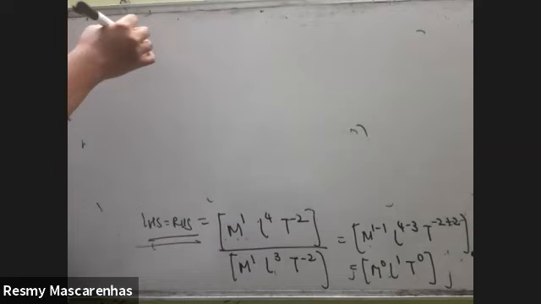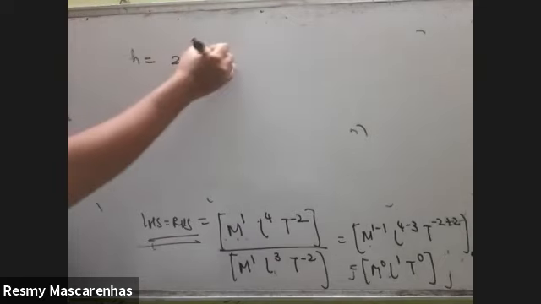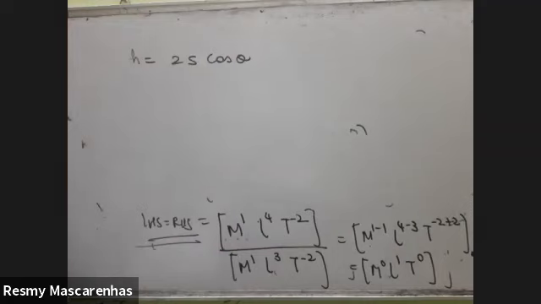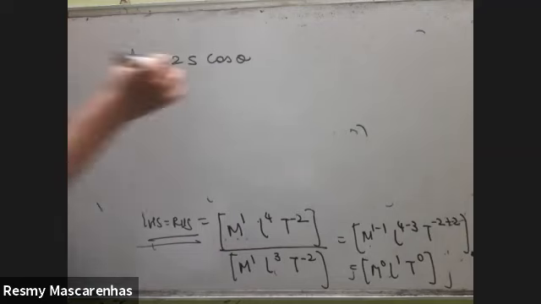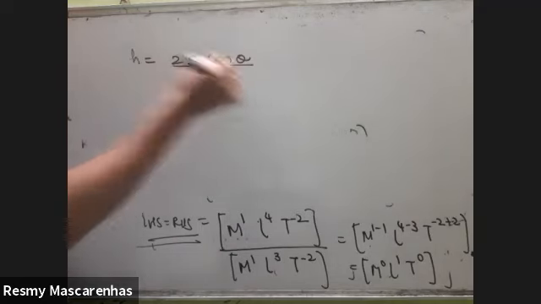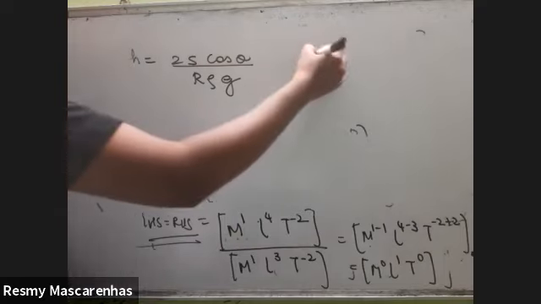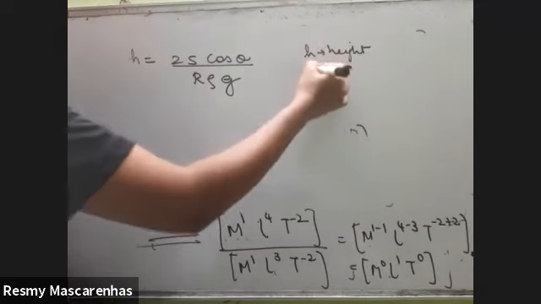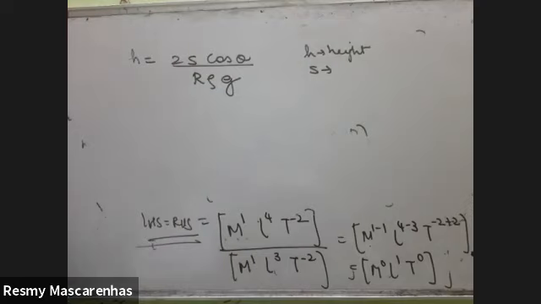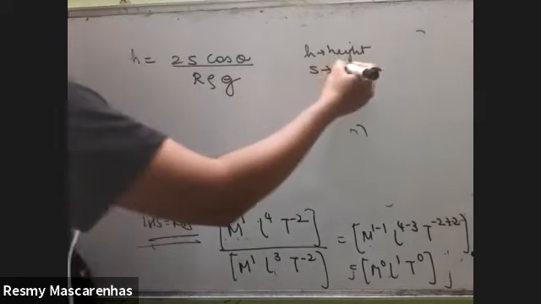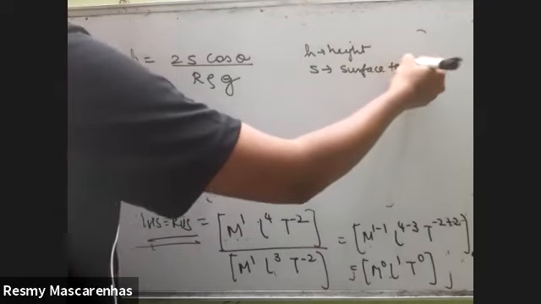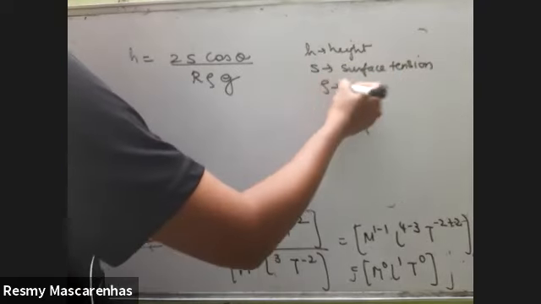H is equal to 2S cos theta upon R rho G. H is the height. S is surface tension. Rho is density.